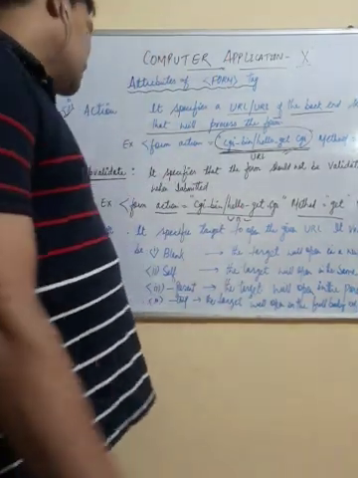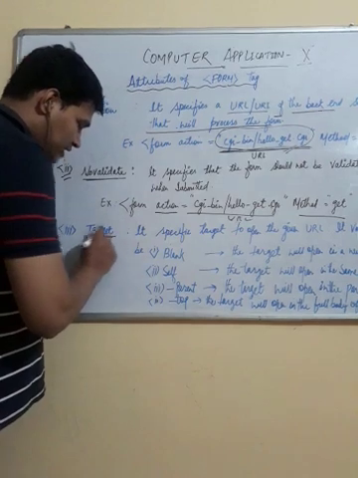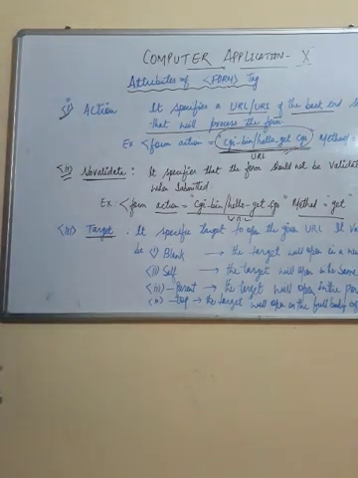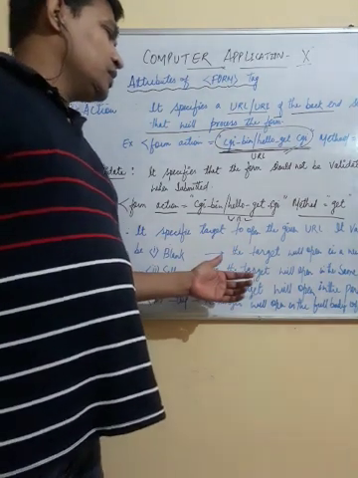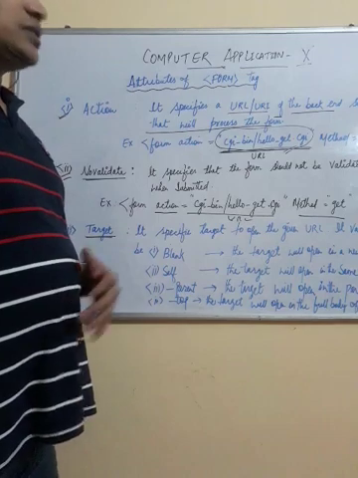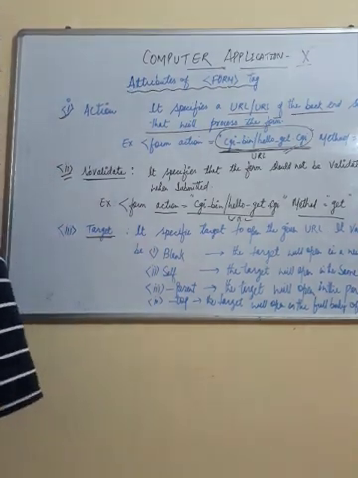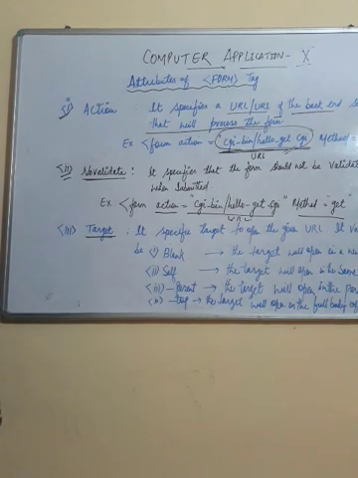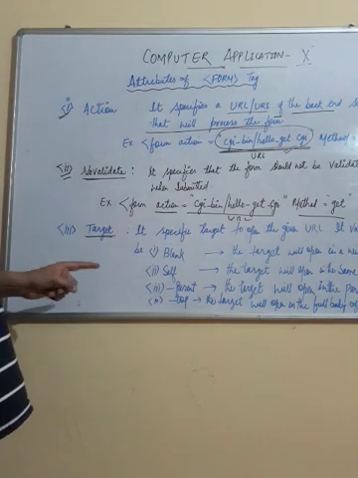Okay. The next thing I am going to discuss is the target attribute of the form. The target attribute of the form is used to specify where to open the given URL. It means when you specify the target, the particular file will open as the action has done.